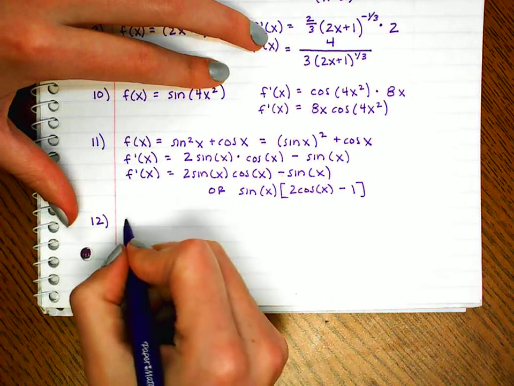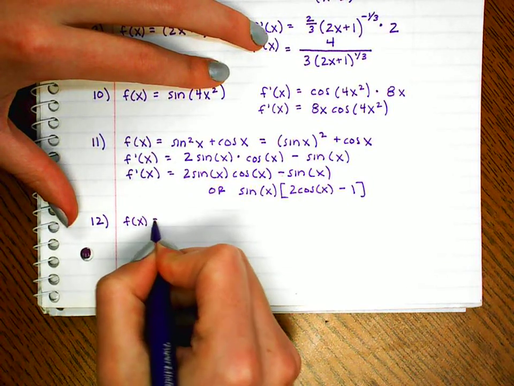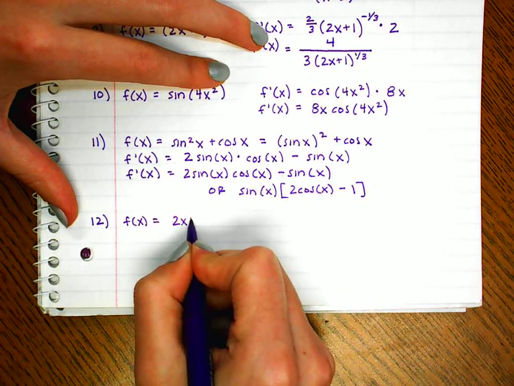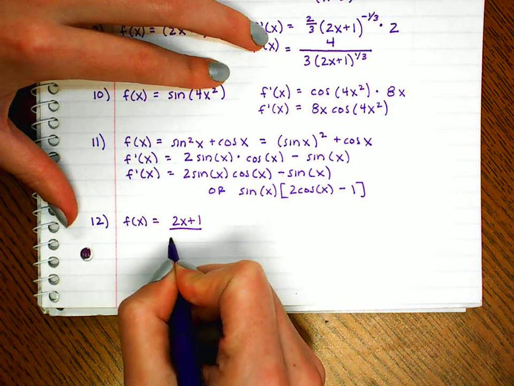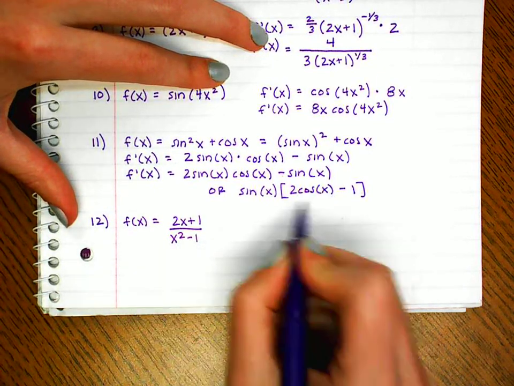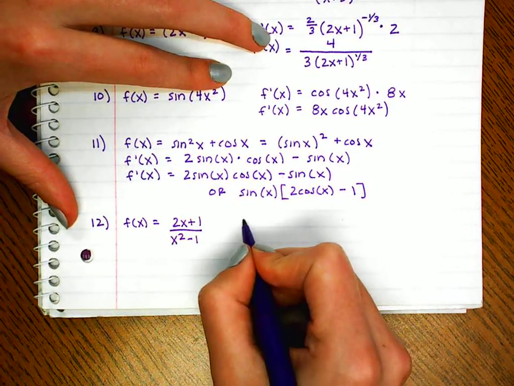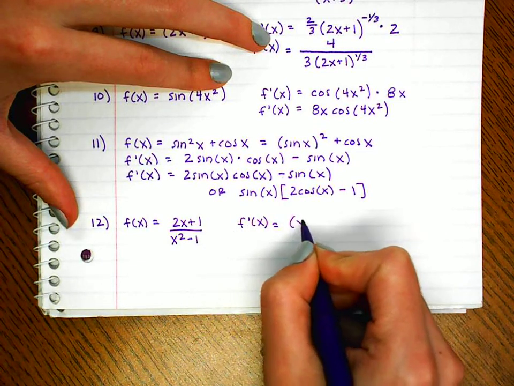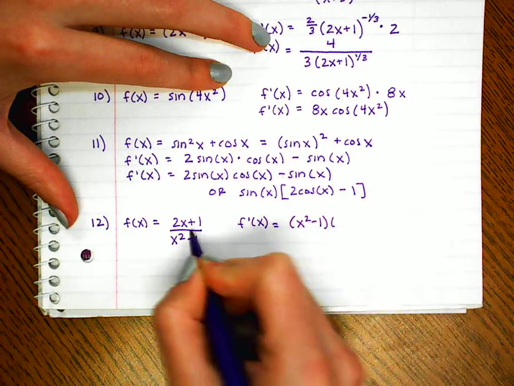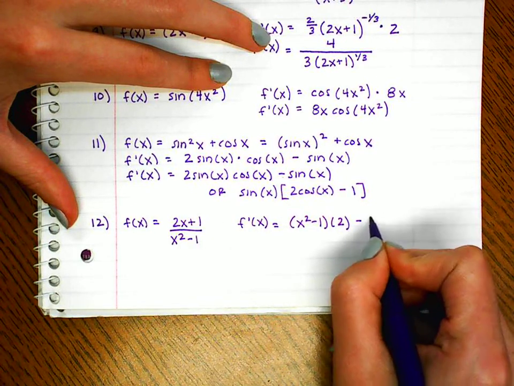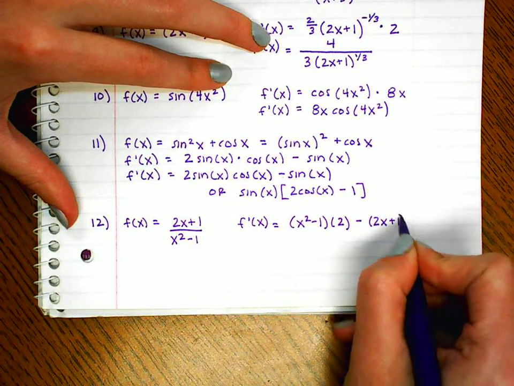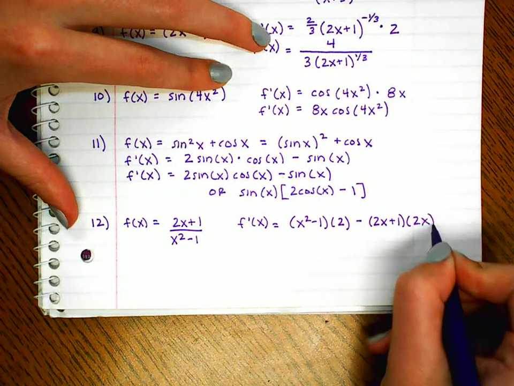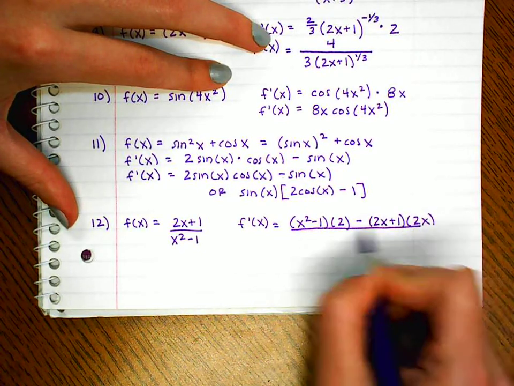The function is 2x plus 1 over x squared minus 1. This is going to be a quotient rule. I'm going to take down, d up, minus up, d down, over, down, down.